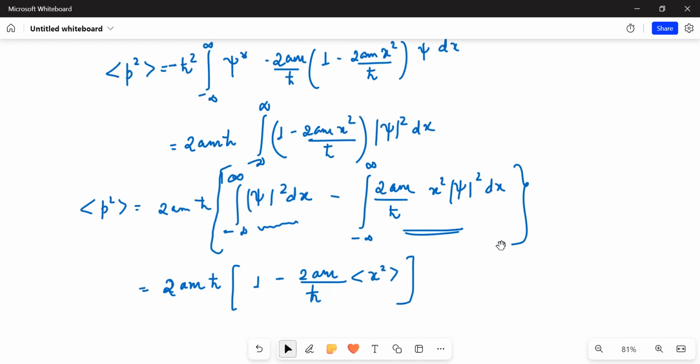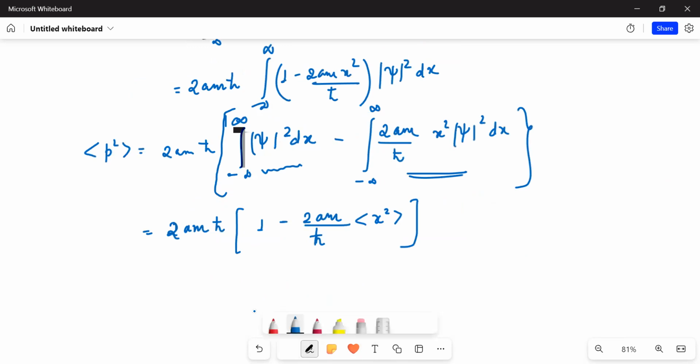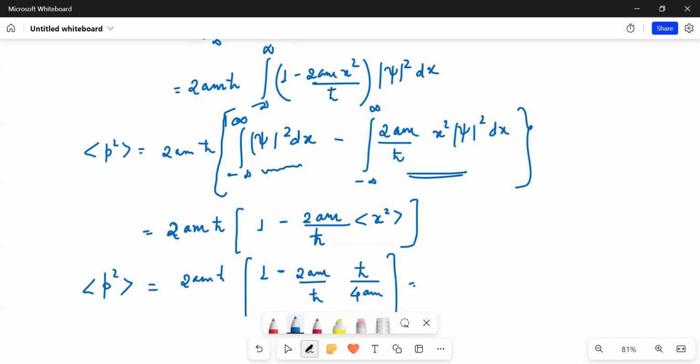And what is the expectation value of x squared? Just think about that. We have already figured it out. So the expectation value of x square is equal to, I think, h cut upon 4am. You can see that we've already found it.